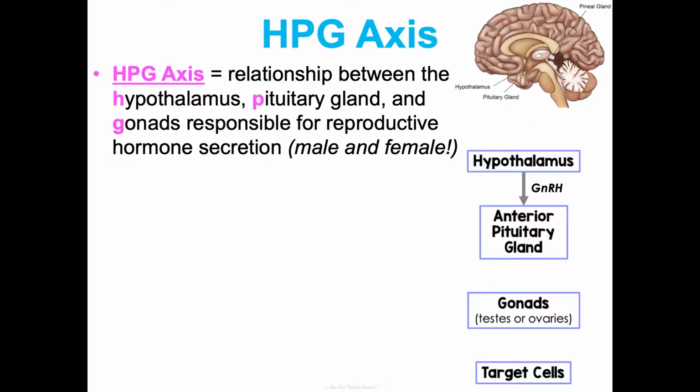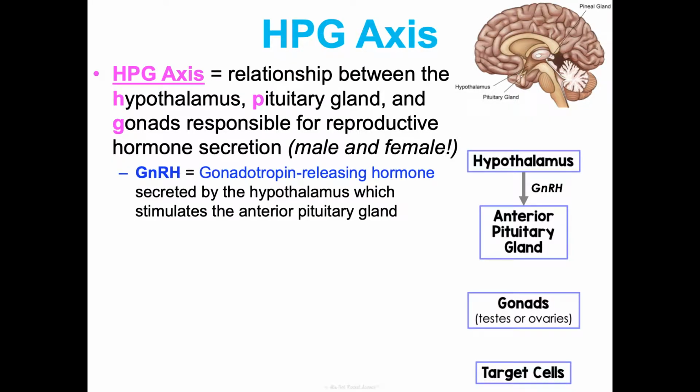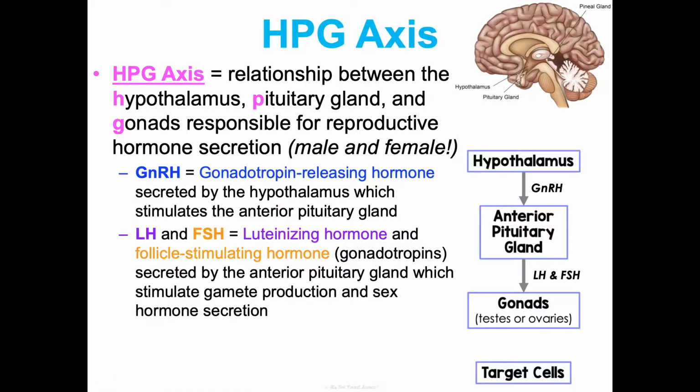So how this works, the hypothalamus secretes GnRH, the gonadotropin releasing hormone, which you may remember we mentioned when we talked about the endocrine system in Unit 3, Control and Coordination. This gets secreted by the hypothalamus, and then it stimulates the pituitary gland, specifically the anterior one.